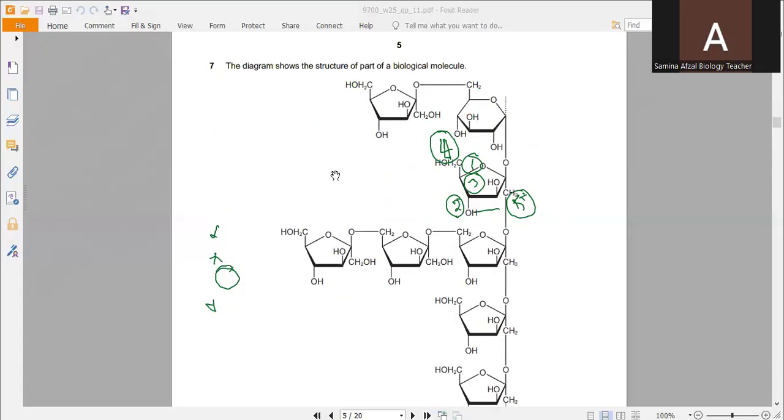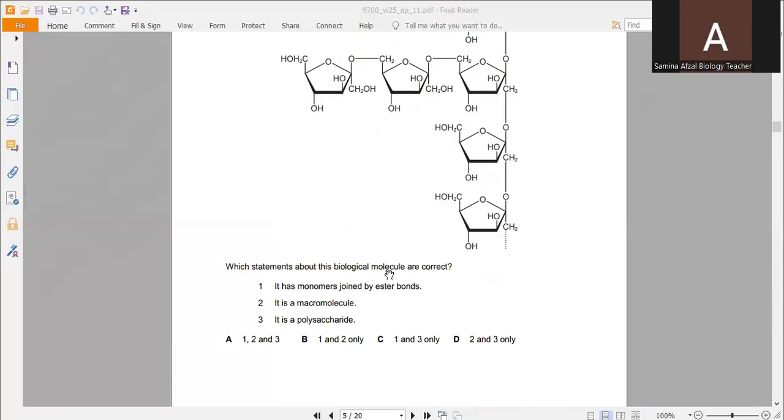Now question number 7: the diagram shows the structure of part of a biological molecule. So here you can see a biological structure of part of a biological molecule. We will go towards the options.